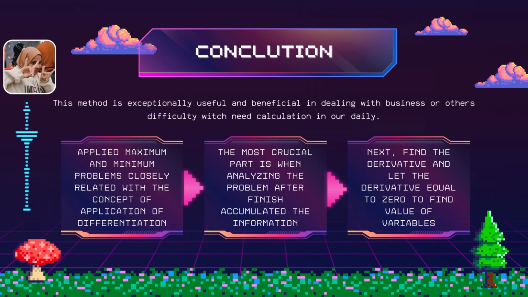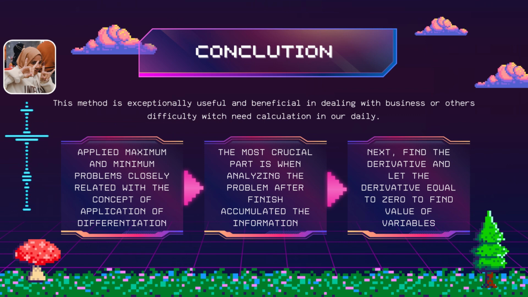Conclusion. This method is exceptionally useful and beneficial in dealing with business or others' difficulties with neat conclusions in our daily lives. First, apply maximum and minimum problems closely related with the concept of application of differentiation.